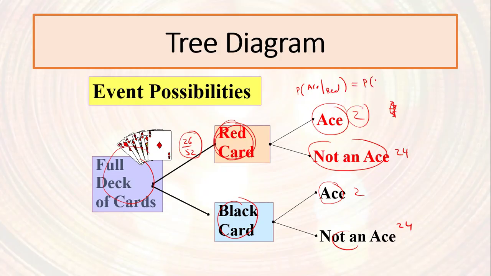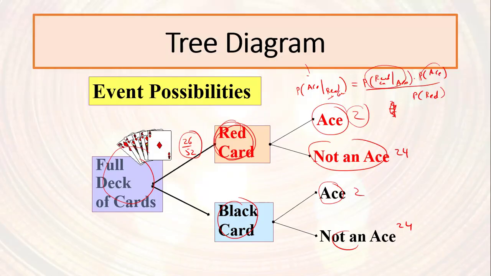So the probability of a red card given an ace, multiplied by the probability of an ace, divided by the probability of a red card. You can also do it like this: the probability of an ace given a red card equals the probability of a red card given an ace, and so on. You have to know this.